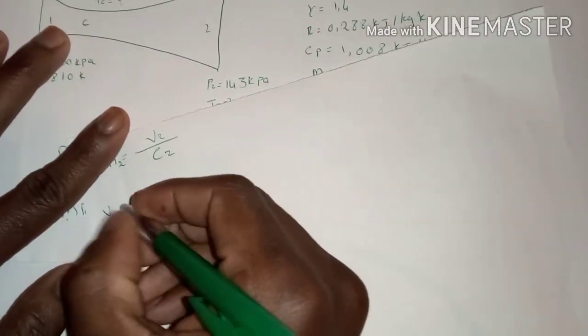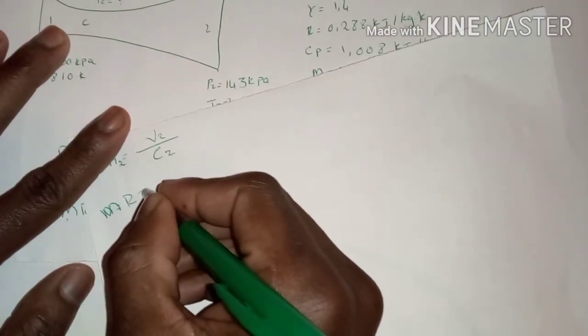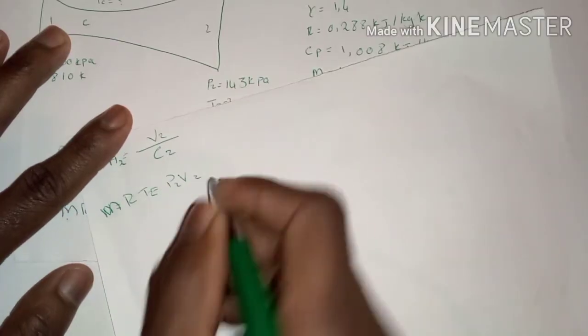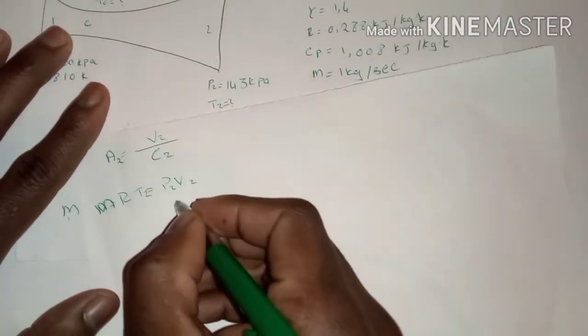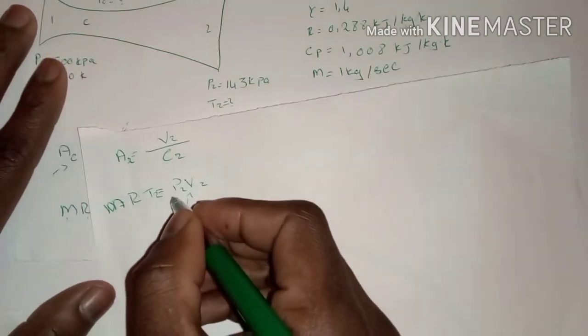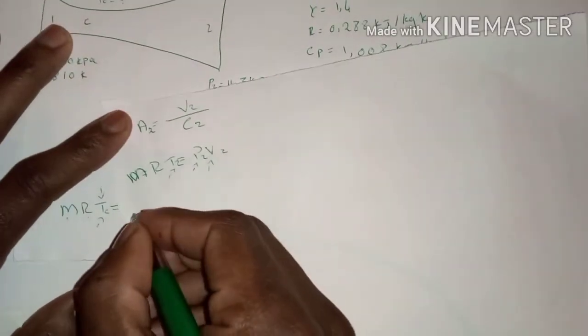So we're going to start. First, we're going to calculate for V. We know it's given by MRT equals PV. We will be using number 2 and number 2. On this, we have the pressure, but we do not have the temperature. So we have to calculate for the temperature first.